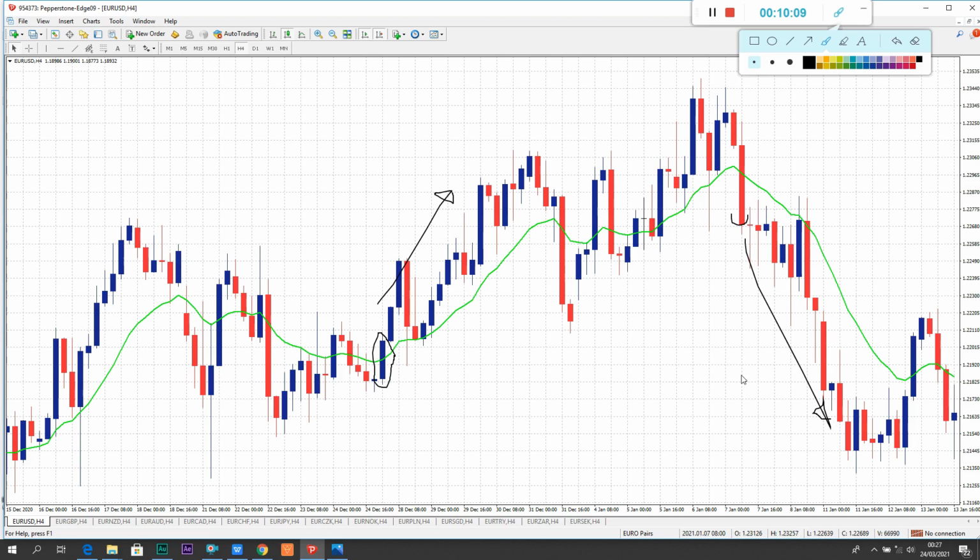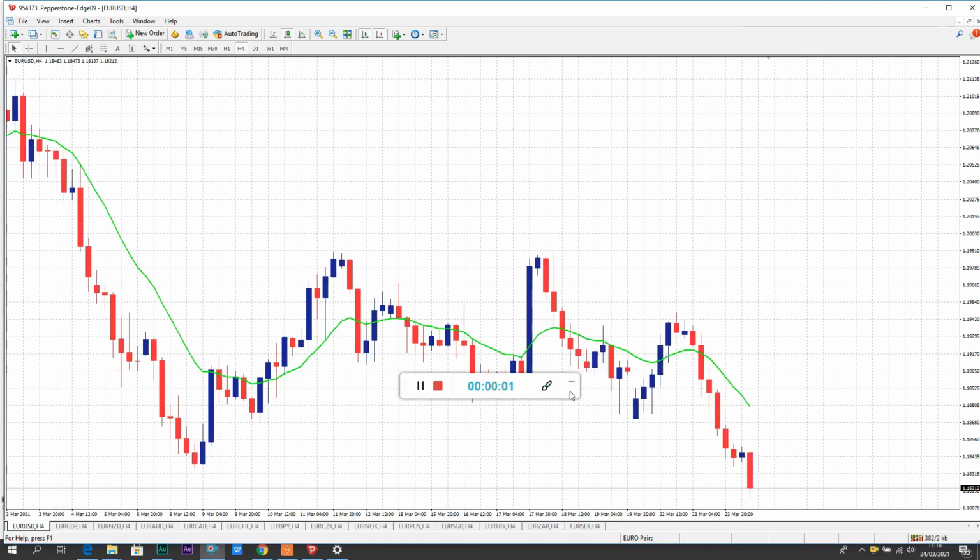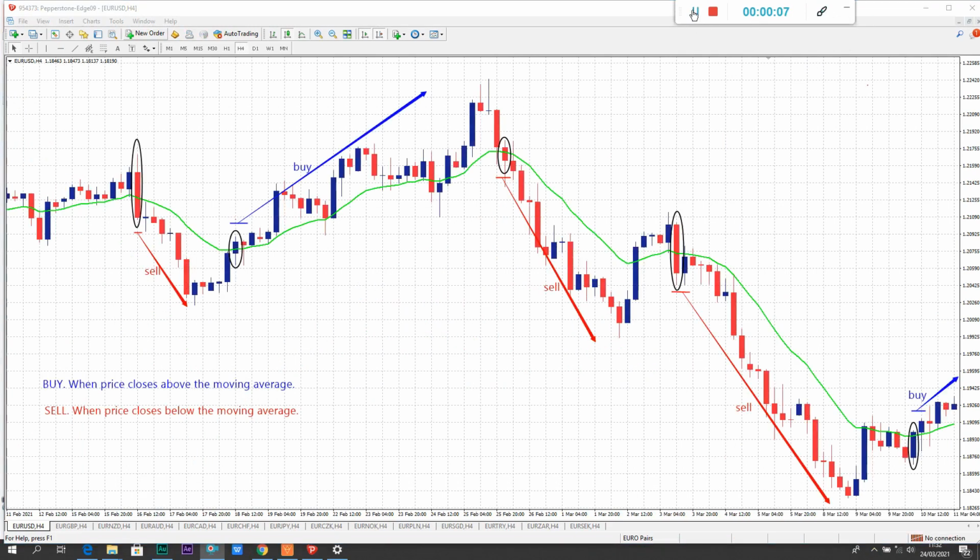So in the next video, we shall be adding in more moving averages, and then we see how we can use more than one moving average to become more accurate. Right here, the strategy is like 10% accurate, but we need a strategy which is around 80% accurate so that you win at least 8 out of every 10 times you make a trade.